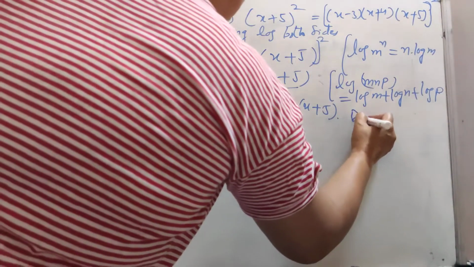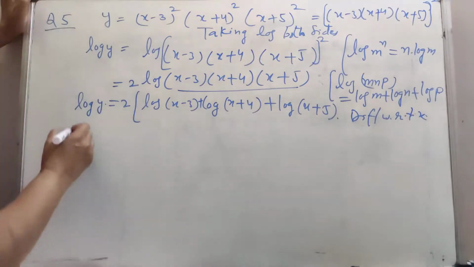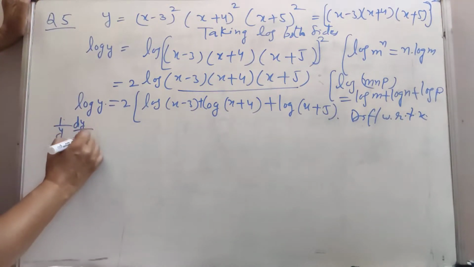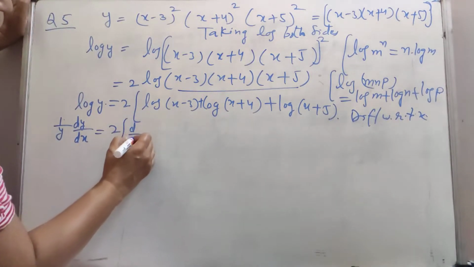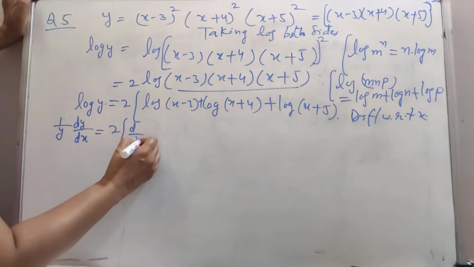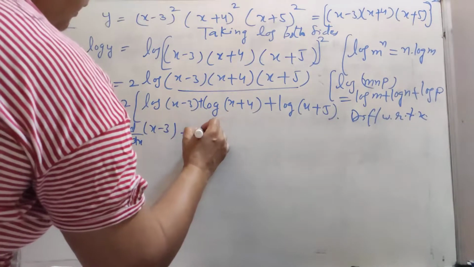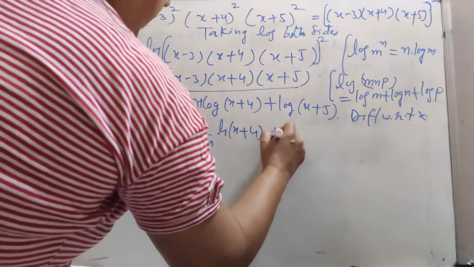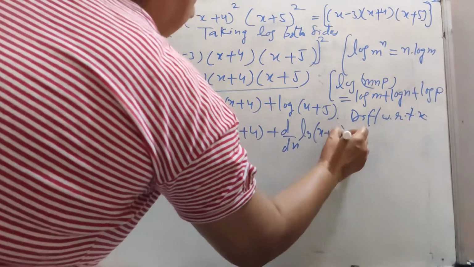Now differentiate with respect to x. So the left hand side becomes 1 upon y, dy upon dx, is equal to 2 times, what is the derivative of log of (x minus 3), and the derivative of log of (x plus 4) and the derivative of log of (x plus 5)?